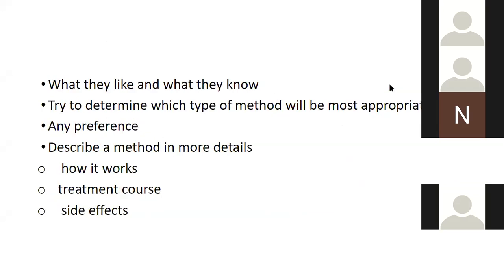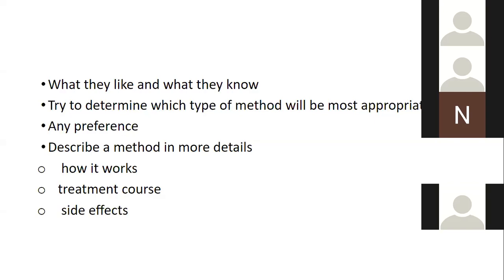The second part, it's important to find out, when a woman or a couple come to you seeking contraception, what they like and what they already know about contraception. You would want them to tell you what they know first before you tell them more about the different methods available, and to tell them which methods are more suitable for them.